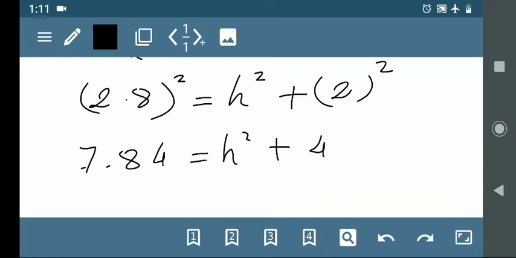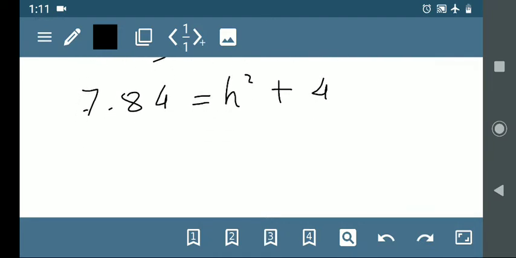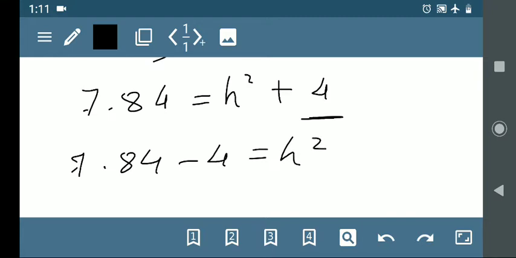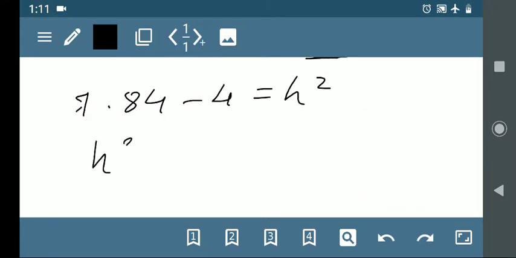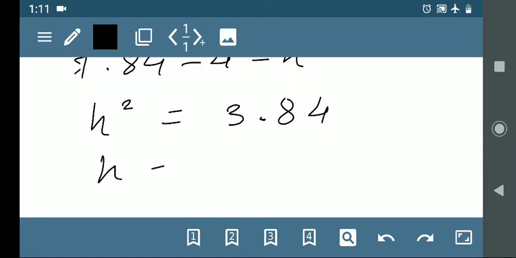So now 7.84, if you send this 4 to your LHS, minus 4 is equal to h square, or you can write h square is equal to 3.84. So h is equal to root of 3.84.